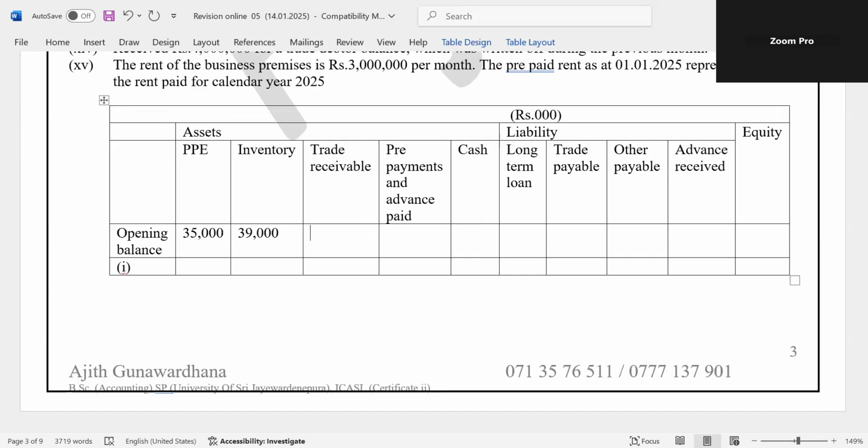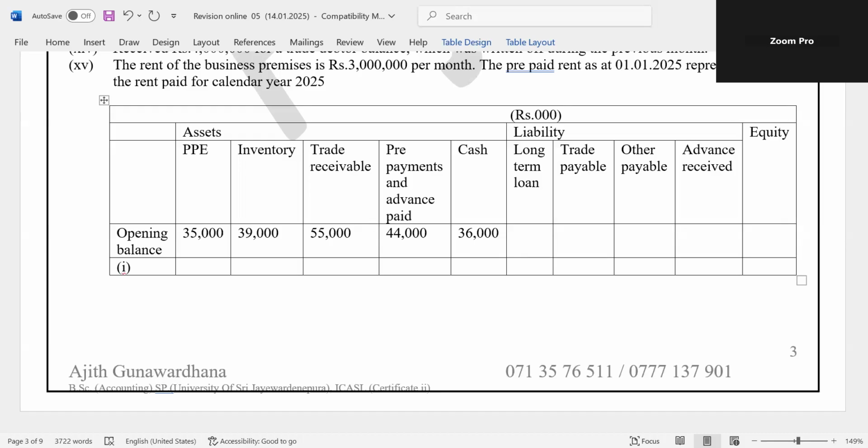Record opening balance: trade receivable 55 million. Prepaid rent and salary advance, their total value should be recorded. Prepayment and advance paid: we put the total of both. Prepaid rent 36,000, salary advance 8,000. The total amount equals 44,000. As well as cash balance is given, 36,000.